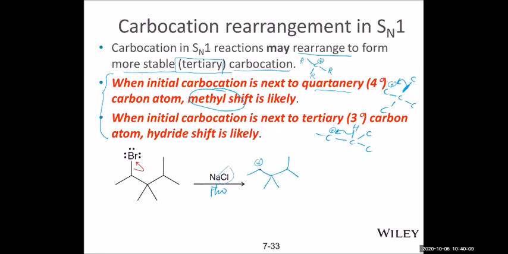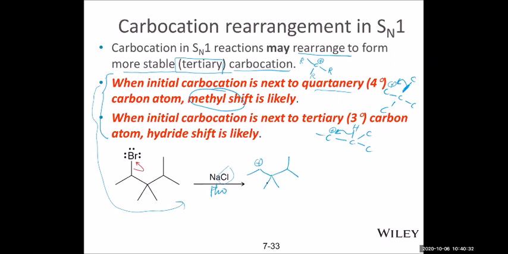Once the carbocation forms, you notice it's next to a carbon that is quaternary, with four carbons attached. So in this situation, it'll be the first scenario: a carbocation next to a quaternary carbon.